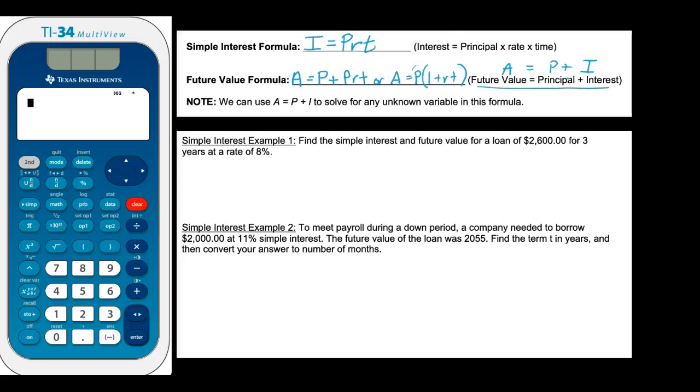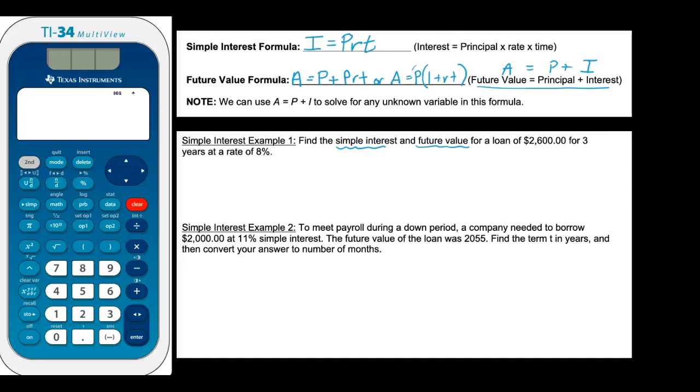And so let's go ahead. I've got 5 examples for you that we're going to do together. Let's start with the first one. It says find simple interest and future value for a loan of $2,600 for 3 years at a rate of 8%. When I read these problems, the first thing I do is take the numbers that I'm given and write them down and try to identify the variable that they represent.